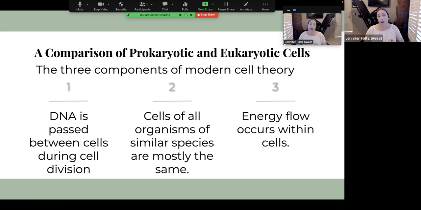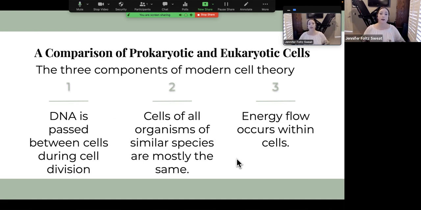Think about a bacterial cell. You have 1 cell. In order for a bacterial cell to reproduce, it doubles its amount of DNA. These cells split apart, and now you have 2 bacterial cells. And that DNA is passed from one cell to another. You can't have a cell without DNA.